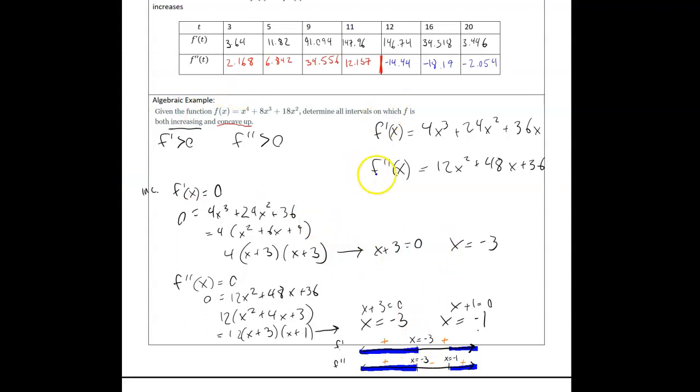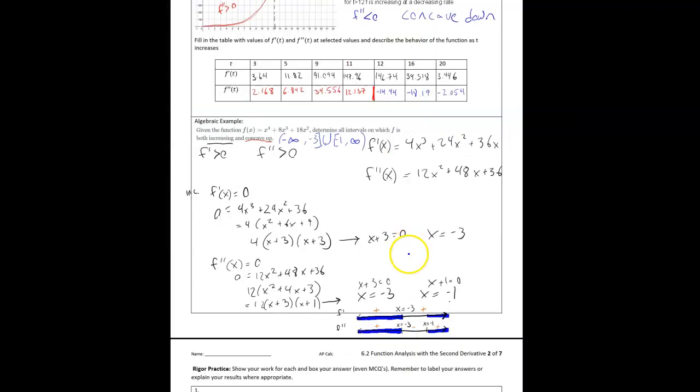So my intervals are going to be from negative infinity to -3, and from -1 to infinity. So that was why it was useful to line these sign charts up very nicely, because it allows us to see this region where only one of our conditions is true.